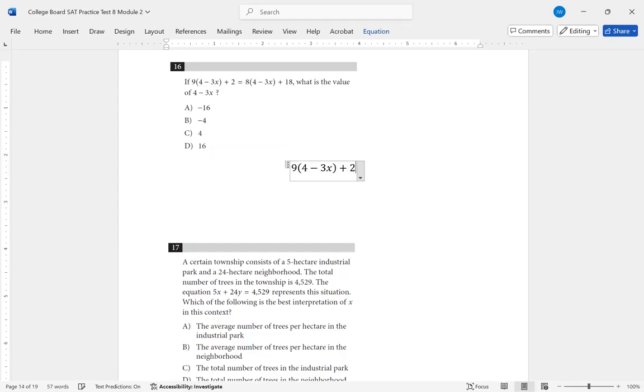But what we're going to do is take this 8 times (4 minus 3x) as a single quantity. And 4 minus 3x is going to be like a new variable. So I'm going to subtract 8 times the variable 4 minus 3x on both the left-hand side and the right-hand side.